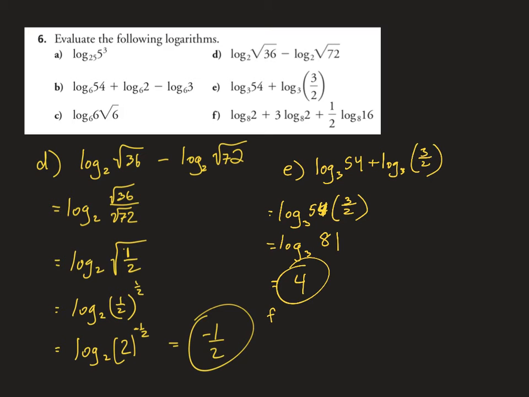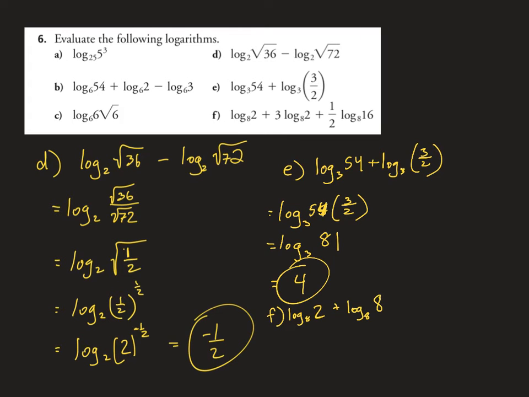And part F, we've got log base 8 of 2 plus log base 8 of 2 cubed, right? So this 3 can come up here. In the same way that this 3 can come down there, it could also go back up and it'll still be the same. And so I'm going to replace the 2 cubed by just 8.